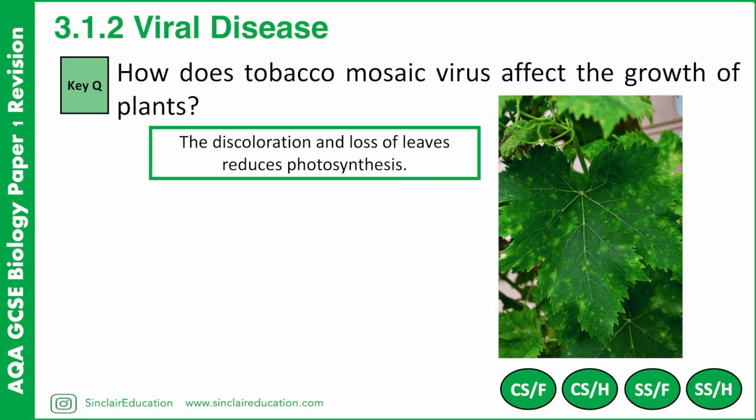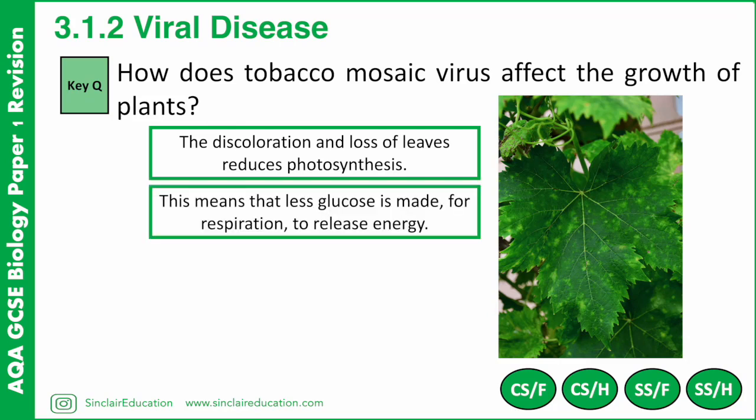That will cause a reduced rate of photosynthesis. As a consequence, that will mean that we've got less glucose produced by that plant, which means we have less glucose for respiration, so we're going to have less energy. And that might pick you up 3 marks within an extended exam question.